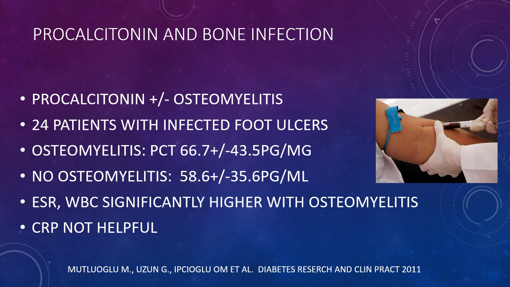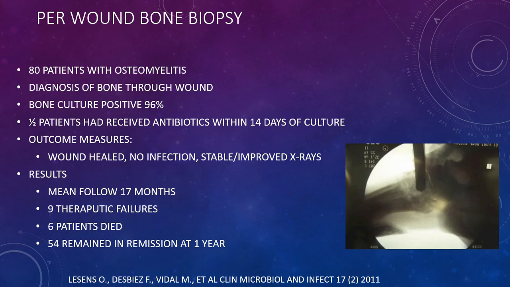These authors concluded that in general a C-reactive protein was not particularly helpful. Significant elevations in sedimentation rate and white cell counts were felt to be consistent with osteomyelitis, and as you can see, patients without osteomyelitis tended to have lower procalcitonin levels than did patients with osteomyelitis.